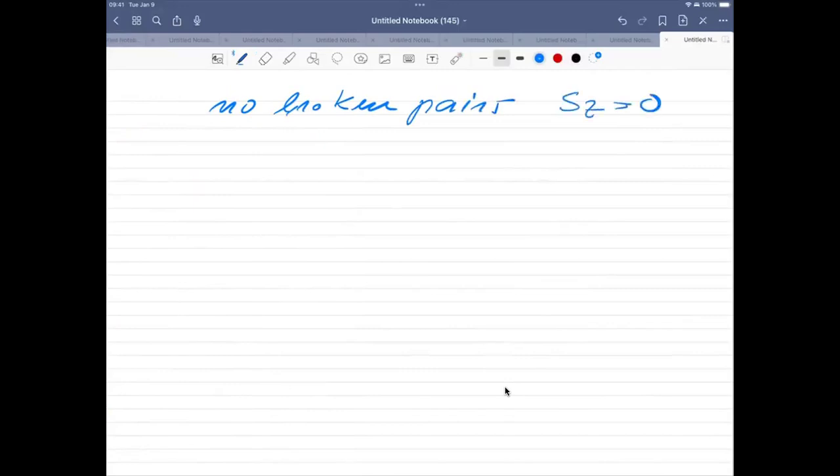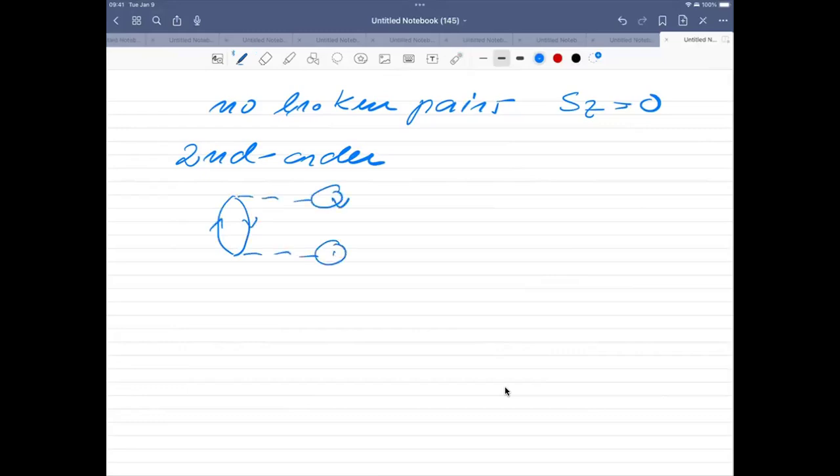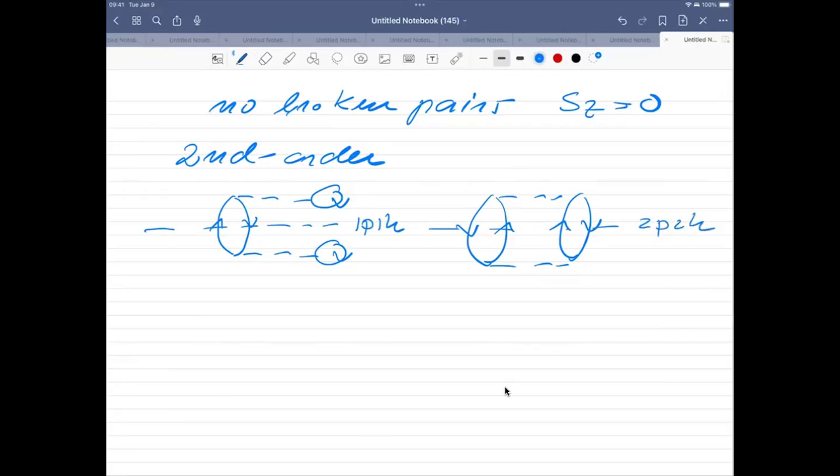If we now look at second order, so to second order perturbation theory, we had only 2 diagrams. We have this one, and then we have this diagram here. I'm not putting labels on it. Now, this intermediate state which we have here is a 1 particle, 1 hole state. This one which we have here is a 2 particle, 2 hole state.